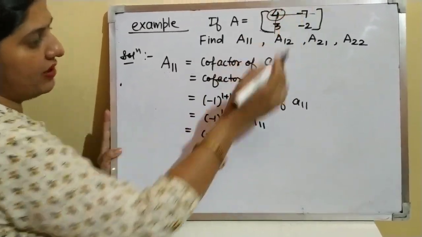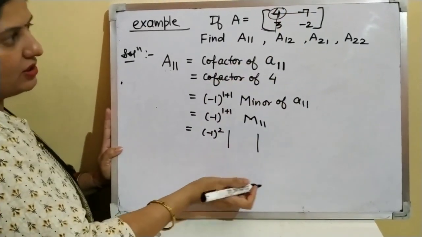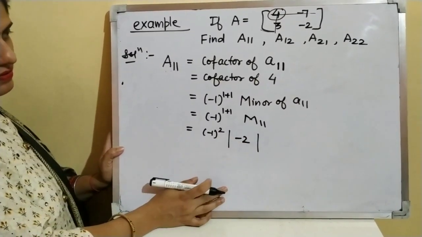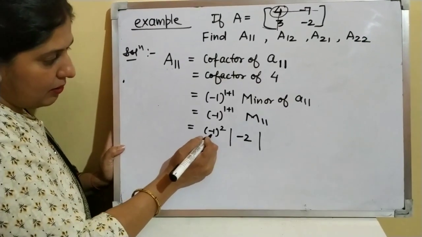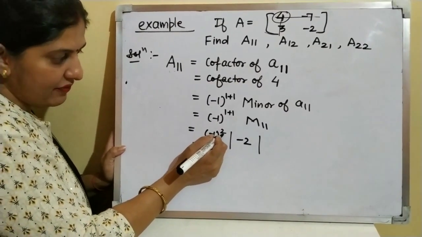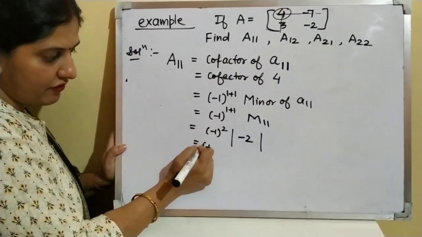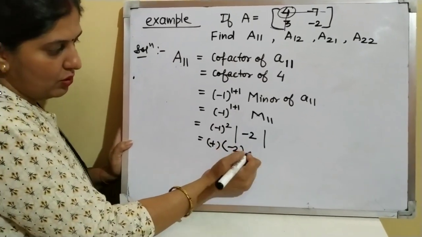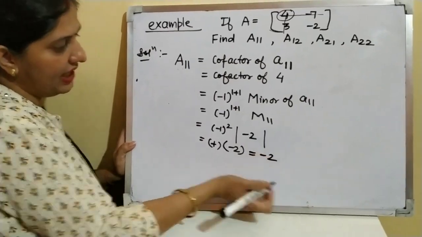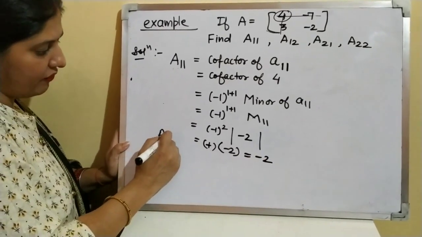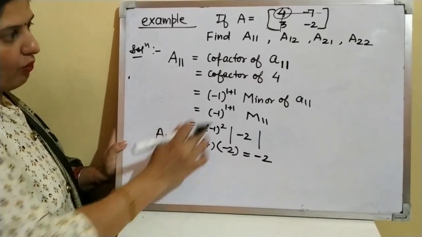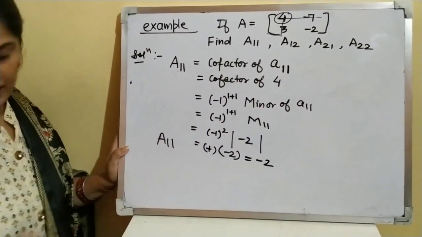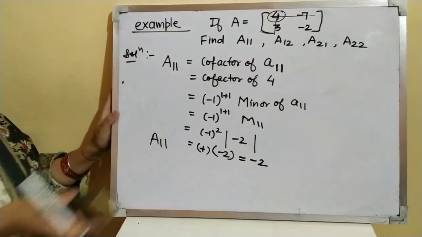Delete first row, first column and find the determinant of the remaining sub matrix. So what we get? Minus 1 to the power 2. Power is even. So answer is positive. And determinant of minus 2 is minus 2. So what is the answer of A11? Cofactor of 4 is equal to minus 2. In the same way, you have to calculate A12.